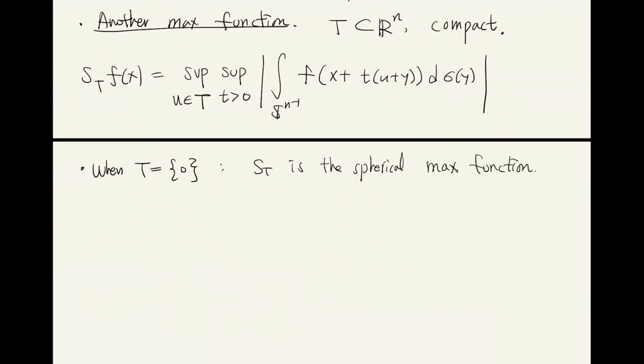And in this case, we know that this maximal function is bounded on LP if and only if p is bigger than n over n minus 1, which is due to Stein and Bourgain.